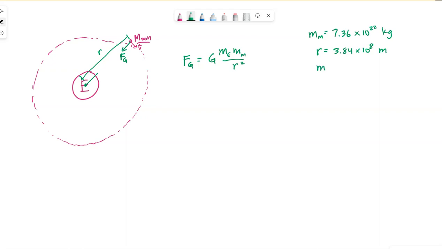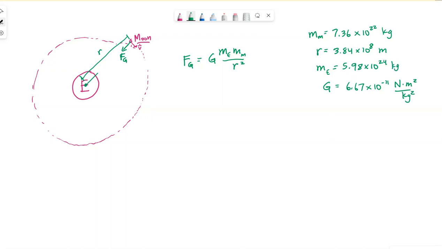We need the mass of Earth, which I pulled as well, 5.98 times 10 to the 24 kilograms. And then big G, our constant, 6.67 times 10 to the negative 11 newton meter squared over kilograms squared.